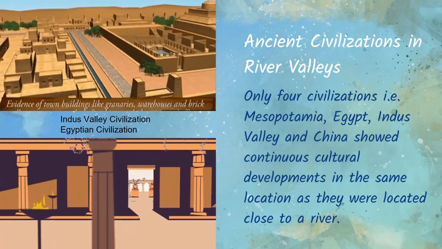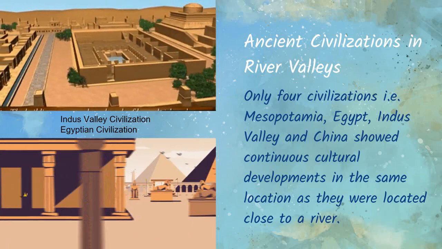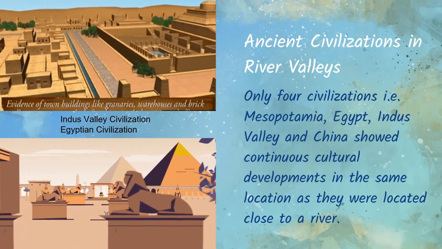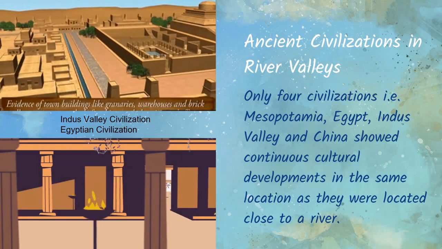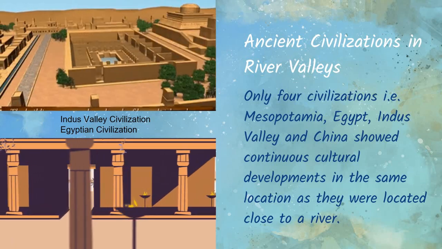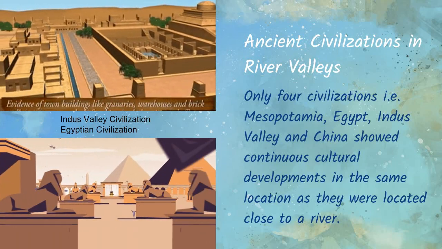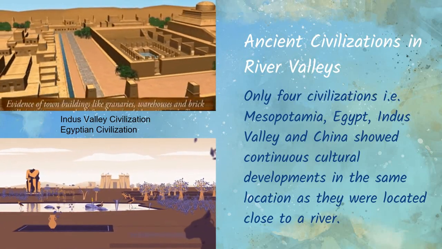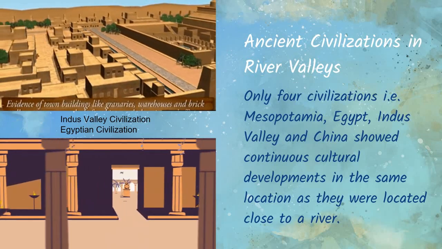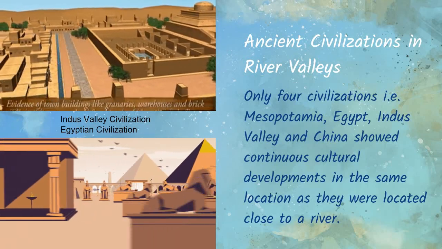One can also say only four civilizations, that is, Mesopotamia, Egypt, Indus Valley, and China, showed continuous cultural developments in the same location as they were located close to a river.